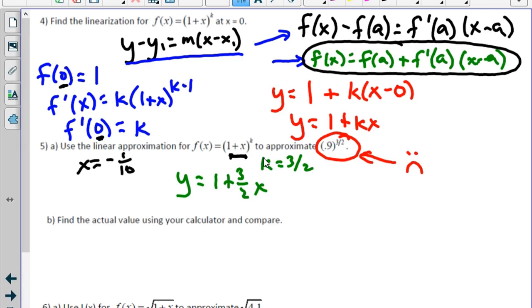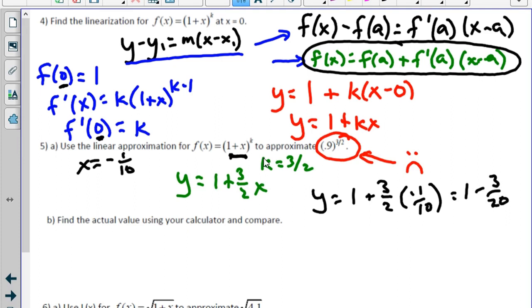So what we can do now is put x equals negative 1/10 in. So 1 plus 3 halves times negative 1/10 will give us 1 minus 3/20. So we approximate this to be 17/20, or 0.85.